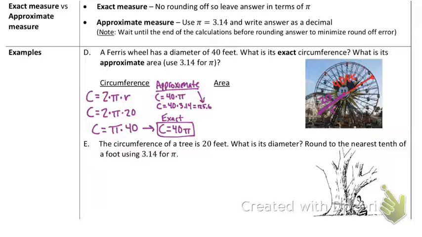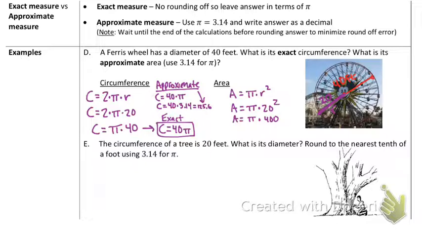Now, let's finish this problem. We want to find the area. If you look at the directions, we want the area in approximate. So we're going to kind of multiply everything out. So area formula is pi times r to the second. So let's plug this stuff in. So it's pi times 20, that's my r to the second, which gives me pi times 400.